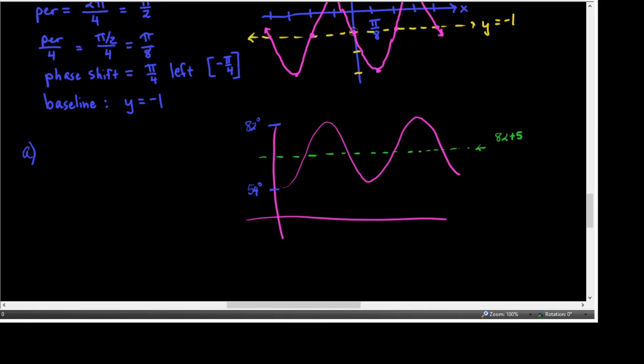That makes sense, right? So let's see, what is that? 136. So half of that is 68. Did I get that right? I should probably pull up my calculator and double check that I'm not messing up that number. Yep, that's right. Okay, so that's where our baseline is. y equals 68 is the equation of our baseline.